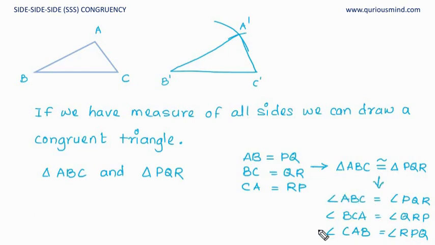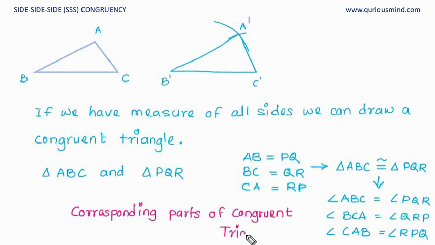Knowing these extra elements which also are going to be equal is called CPCT, or corresponding parts of congruent triangles.